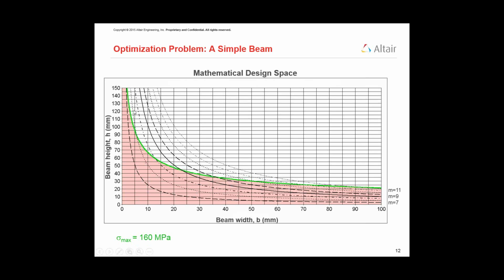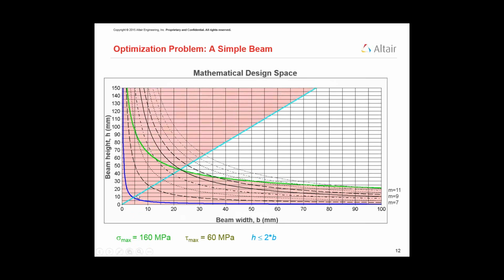So in this case, this green line is showing us the stress limitation of 160 megapascals, and anything that falls below this line exceeds that stress value. This next is my shear stress. We don't need to even pay attention to that because everything that could be eliminated by this is already eliminated by our regular stress line.